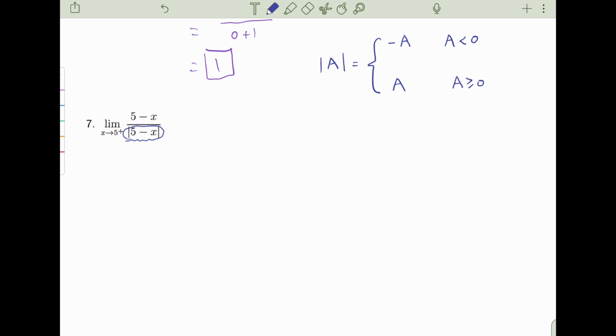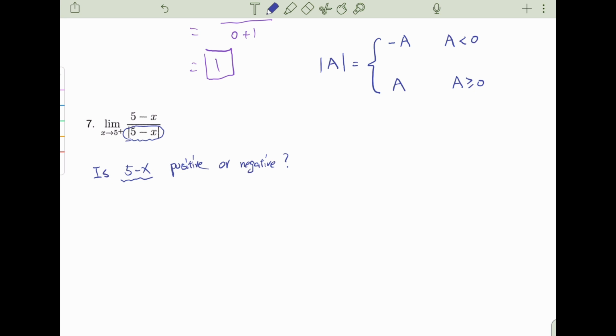So now let's check this stuff. The stuff here is 5 minus x, right? So the question is, is this 5 minus x positive or negative? We need to ask ourselves this question. That is the stuff A, right? And now how do we determine this?